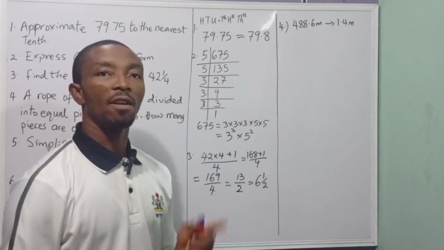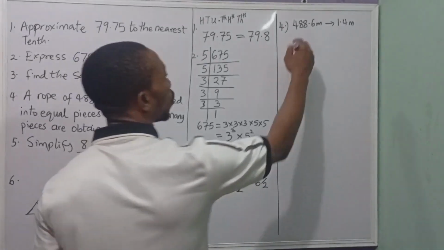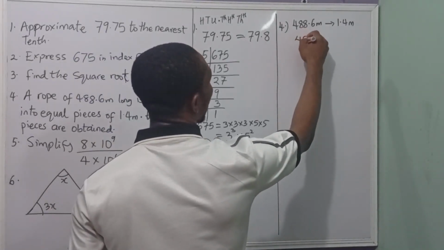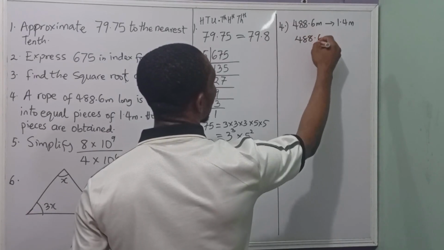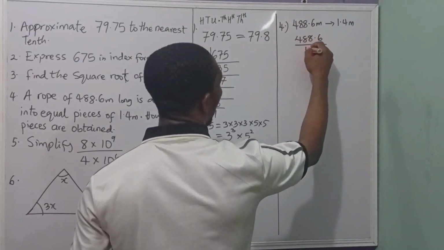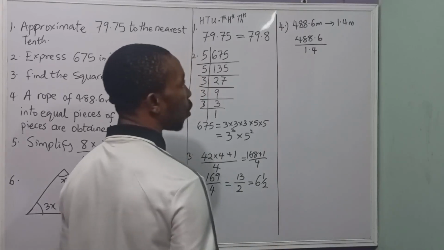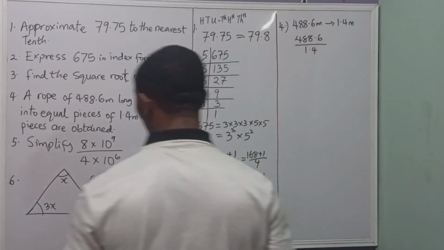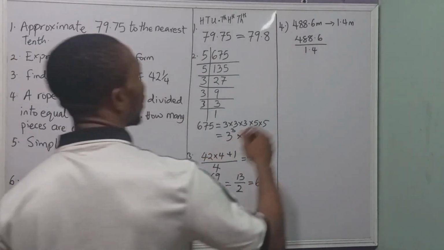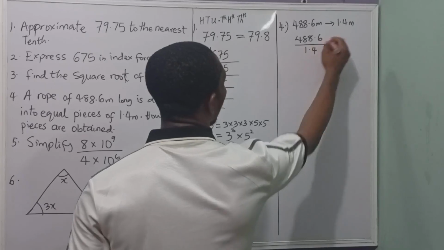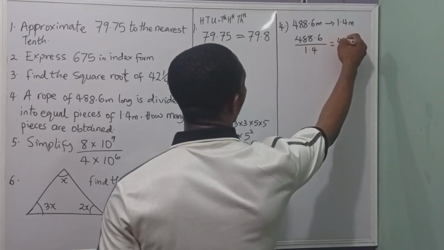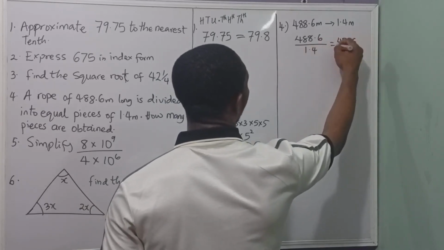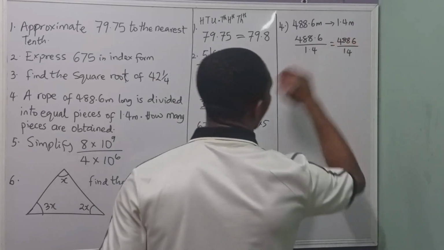So we have 488.6 divided by 1.4. If we make this a whole number, we have 4886 divided by 14.